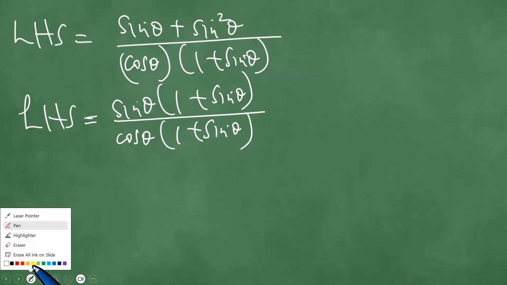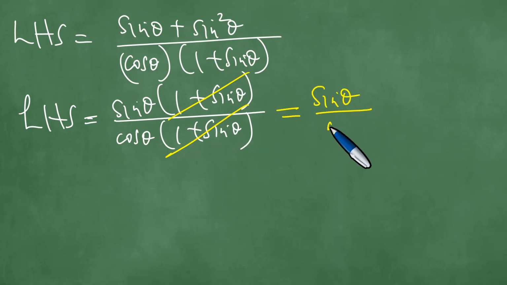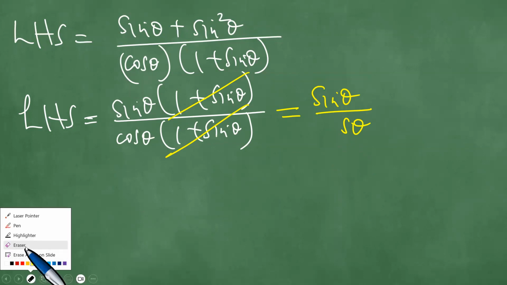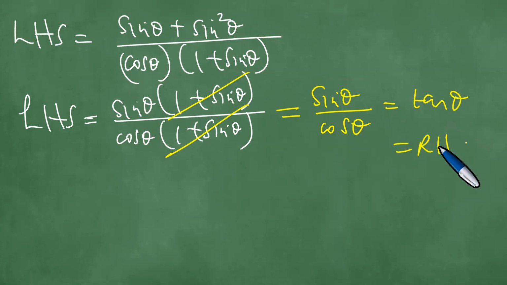What is the common factor in both the numerator and denominator, Tando? 1 plus sine theta. And the result is sine theta over cosine theta. And sine theta over cosine theta is equal to what? Is the tangent, which is the right-hand side.